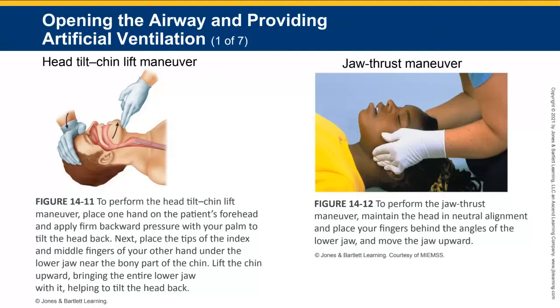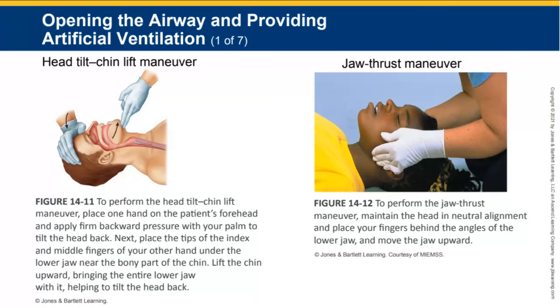Opening the airway and providing artificial ventilation. So we will use the head tilt chin lift or the jaw thrust maneuver. And at this stage, you are very familiar with both of these techniques. The head tilt chin lift is indicated for your medical patients or patients with no suspected spinal injury.